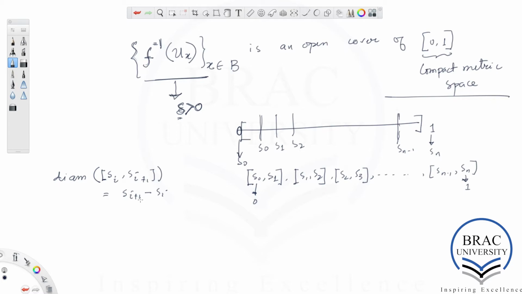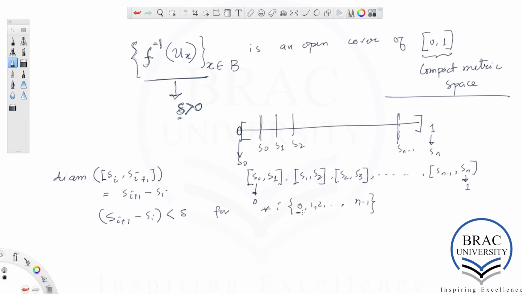And we partition [0, 1] in such a way that Si plus 1 minus Si is less than delta for all i in the finite set 0, 1, 2, all the way up to n minus 1.